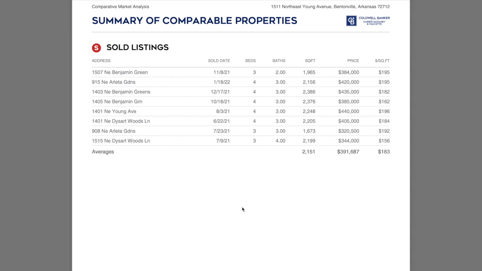Well, price per square foot is not going to work as well on those two houses. So we have to consider the finishes of the house, the upgrades, how the house has been improved. So price per square foot is important, but we weigh other factors as well.